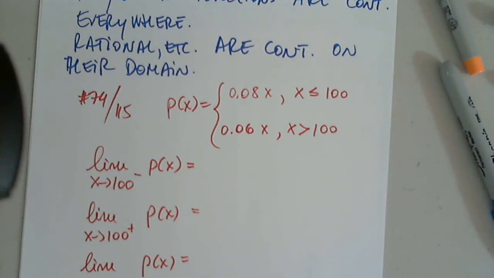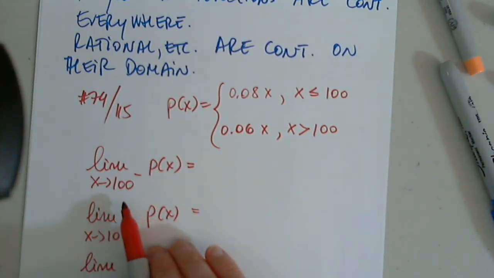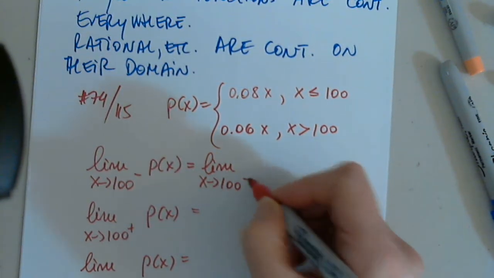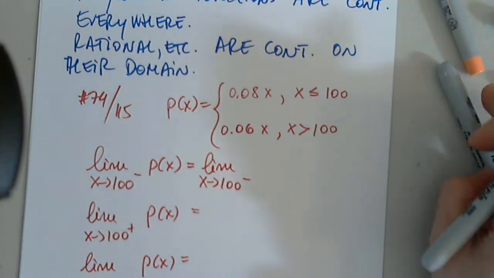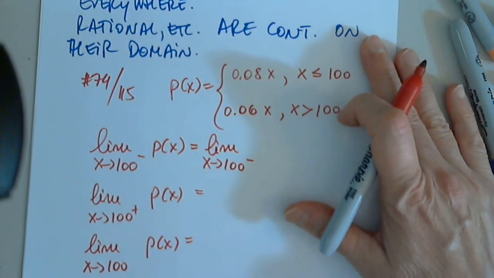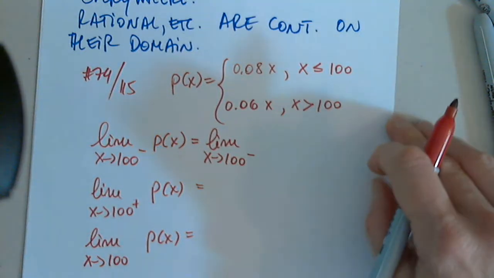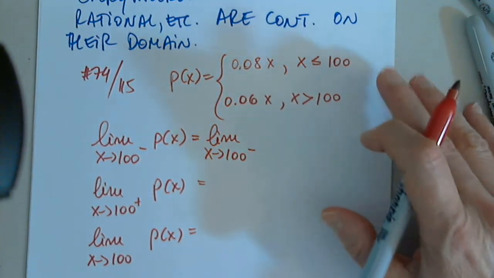Okay? Ready? So the limit from the left of 100, I do not drop the limit operator. I know I sound like a broken record, but I will see it on your quizzes and work and tests, and I just want to make sure that you understand.